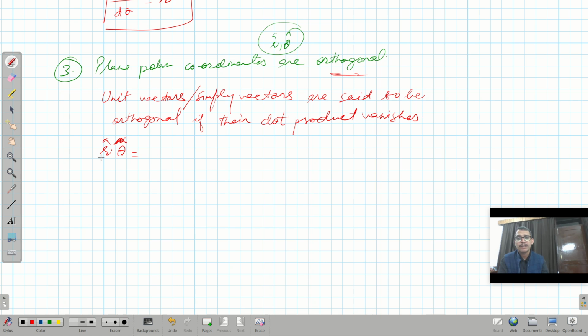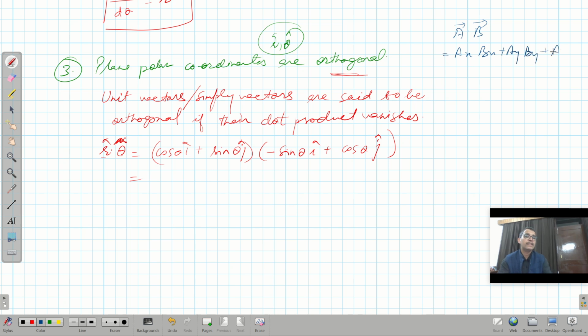The value of r cap is cos theta i cap plus sine theta j cap, and theta cap is minus sine theta i cap plus cos theta j cap. As I know, if I have two vectors a dot b, then it is written as ax bx plus ay by plus az bz.